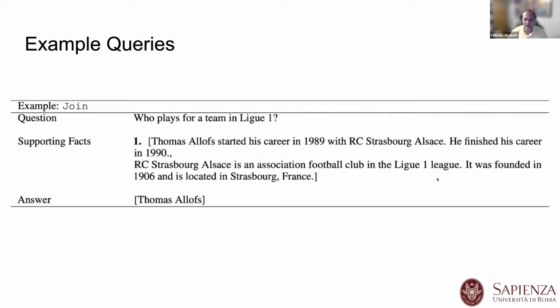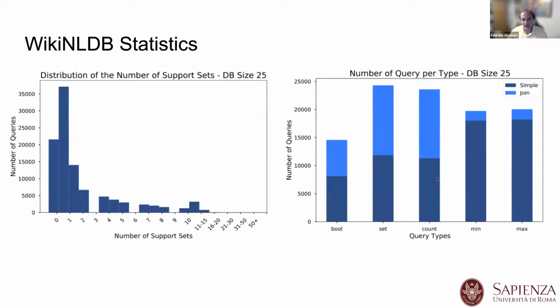And so these two things combined are defining the answer, which is Thomas Alofs. Now, as I said, there is automatic generation of these facts plus query samples.